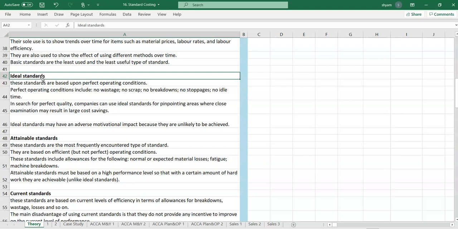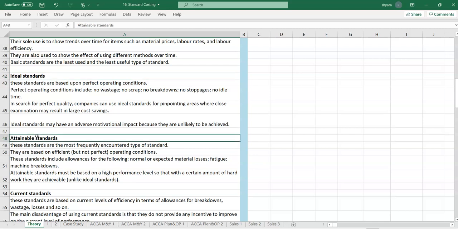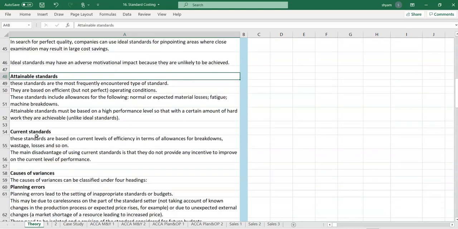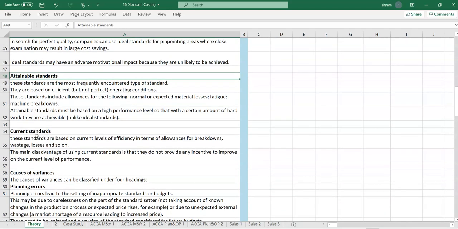So getting 100 out of 100 is very, very difficult, and over a long period of time it is very difficult. Attainable is, if you are a person who's scoring 60, we can ask you to score some 75, at least as an improvement. When you are scoring 75 consistently, we can ask you to score something like 85. We can push your attainable standard a little bit higher and higher.